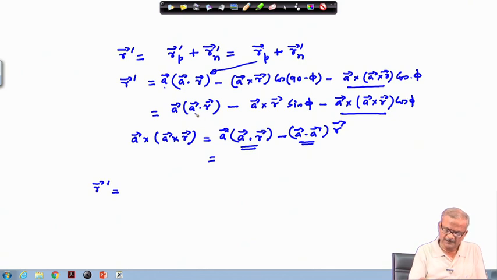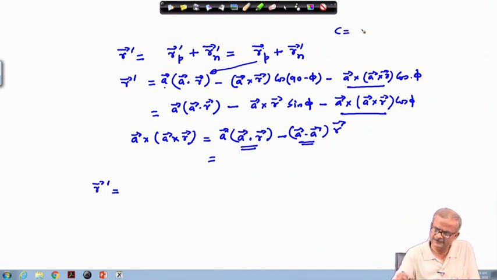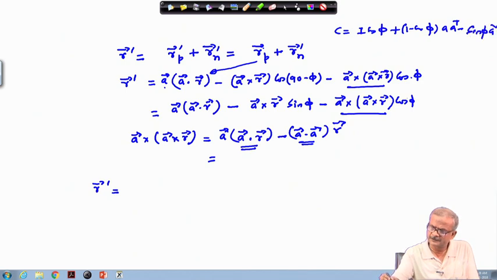So, writing this here, now a dot r, this is the projection. So, what is the angle between these two vectors, between the a and the r vector, that we have to decide. So, what we do is we write it in a way where ultimately it comes in this format we have been looking for, C equal to I cos phi plus 1 minus cos phi A times A transpose minus sin phi times A cross.